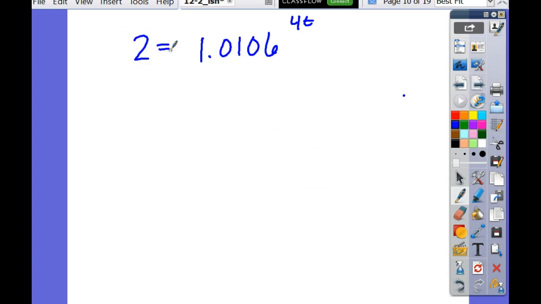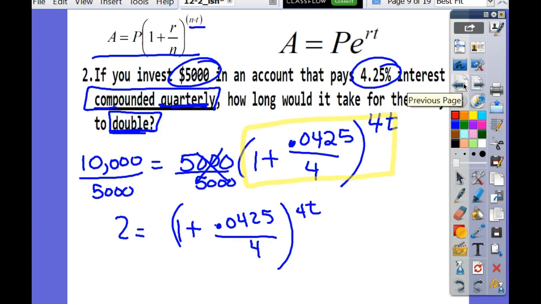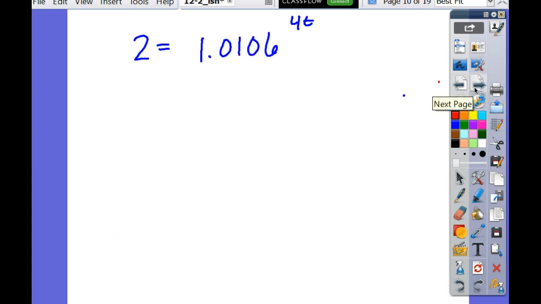What you do not do at this point is divide by the 1.0106. If you're not going to divide by that, what are you going to do to solve for the t? Going back here, the very first step in the problem is to divide by the 5,000, and that's where the 2 came from. Some of you got it right.